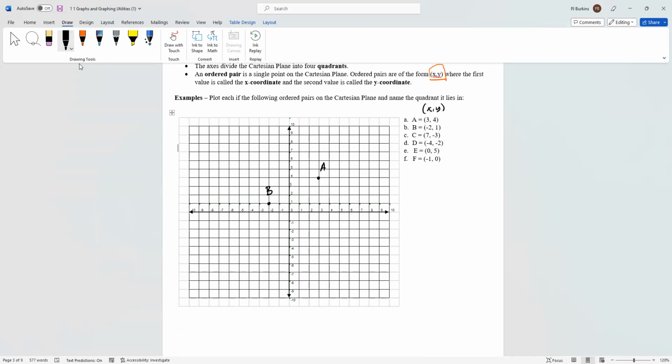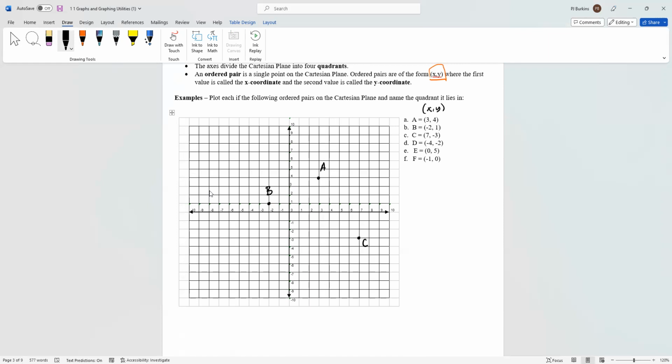All right, point C says go +7 in the x. So I'm going 7 units this way. So I'm there. Then I need to go -3 units in the y. So 1, 2, 3. This is my point. Get rid of all my little squiggles. And this is point C. All right.